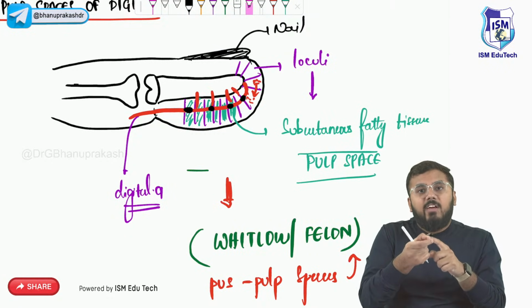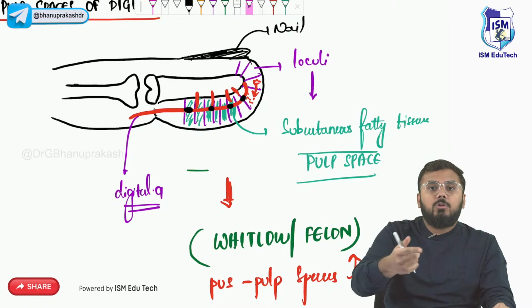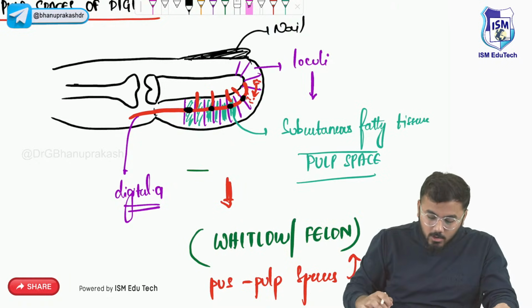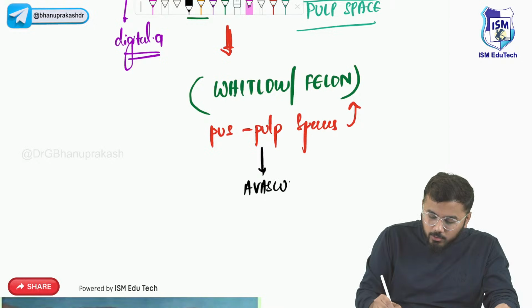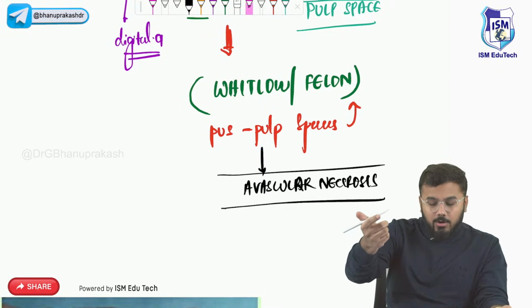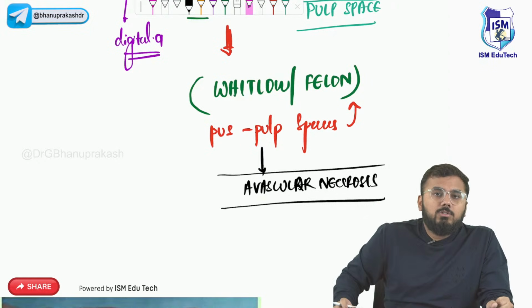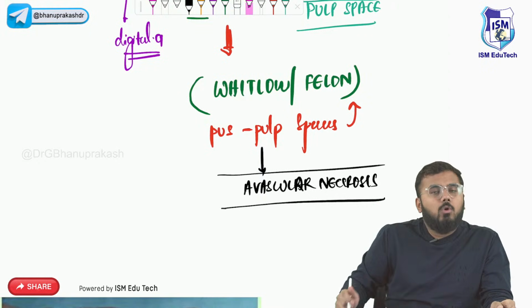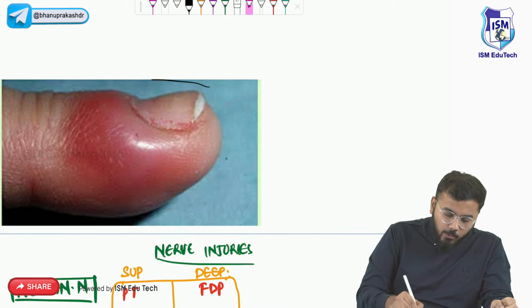So when the distal phalanx is not receiving a sufficient amount of blood, it will undergo avascular necrosis. So the examiner will ask you a question: a complication of Whitlow is avascular necrosis.